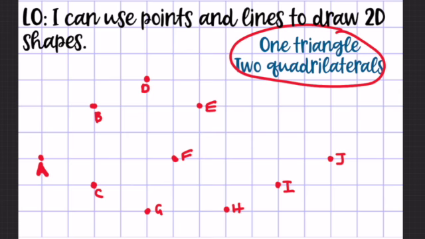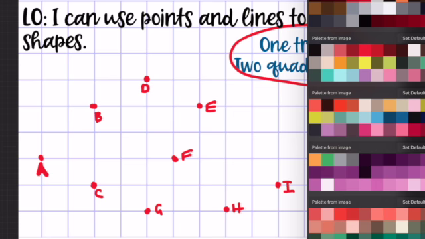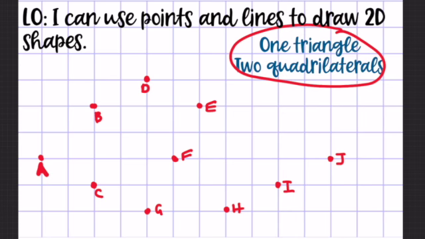So the first shape that I'm going to draw is a triangle. So now you're going to use a ruler. I'm going to use a function on my iPad that allows me to draw straight lines. So I'm looking for 3 points that I think can make a triangle.